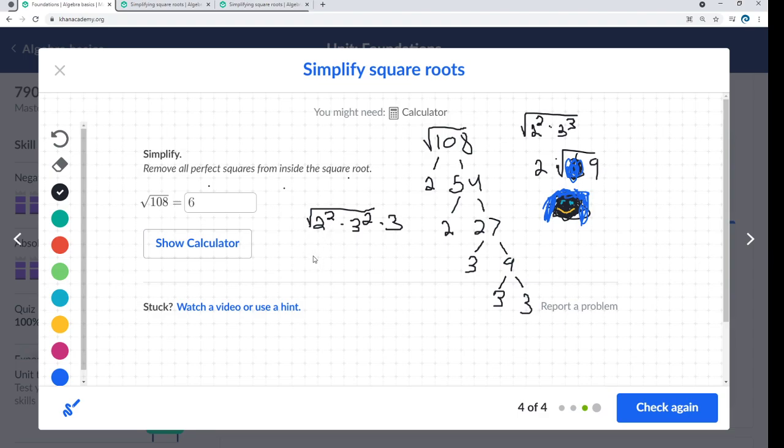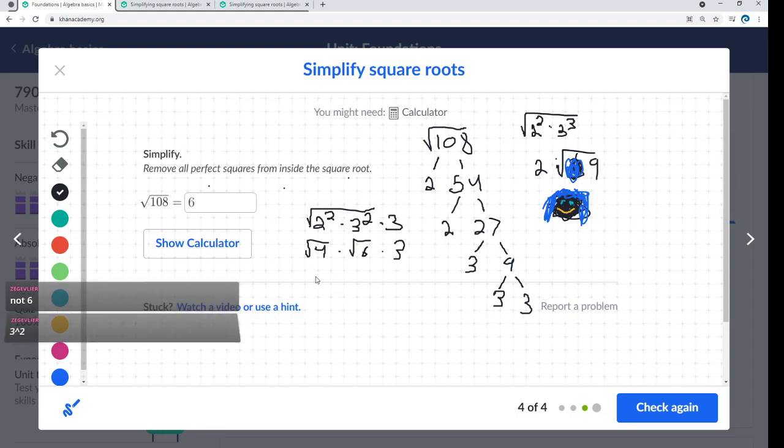So these are each individual, so then this is the square root of 4 times the square root of 6 times 3. Is that what I was supposed to do?